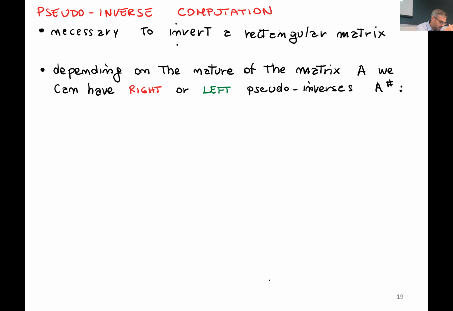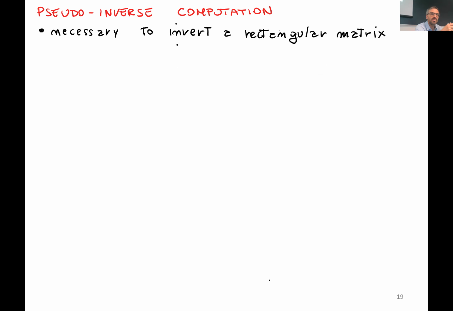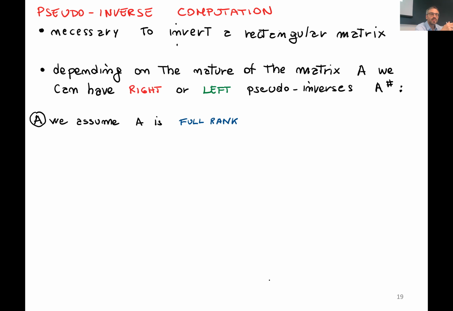And these matrices are rectangular, and they can be of two types. They can be fat or skinny, according to the fact that they have a bigger number of columns, or a bigger number of rows. Sorry, fat is a bigger number of columns, or skinny, a bigger number of rows.